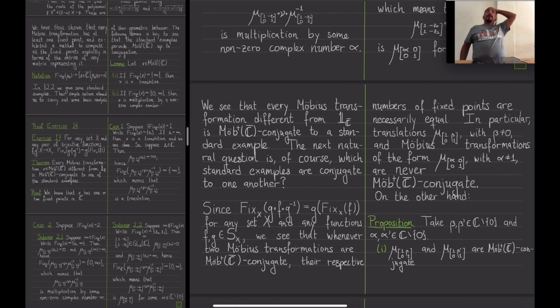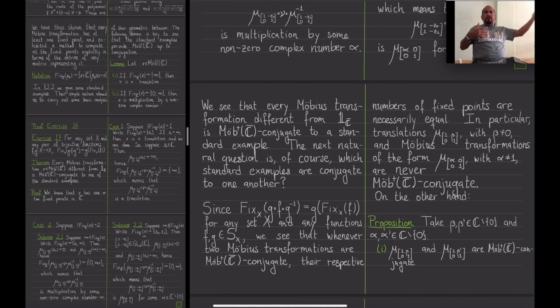And as I pointed out in the very last subcase, instead of sending z0 to 0 and z1 to infinity, I could have decided to send z0 to infinity and z1 to 0 and obtain another Mobius transformation that would have conjugated it into the Mobius transformation multiplication by some complex number.